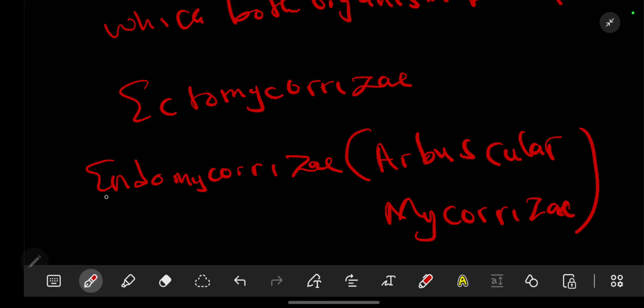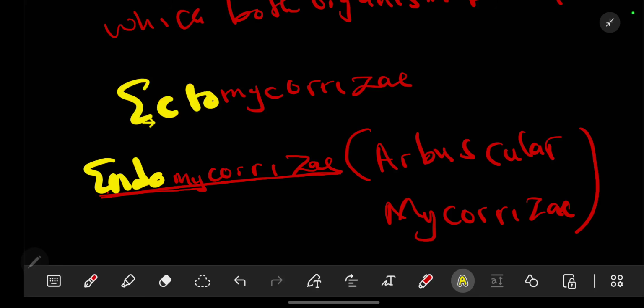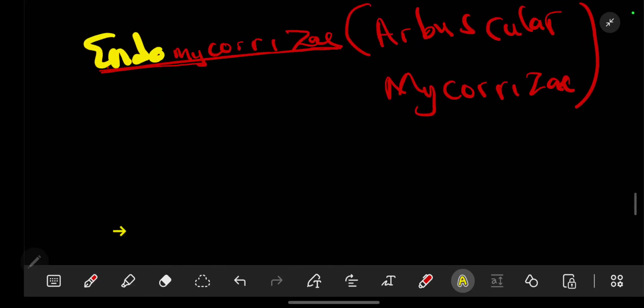So what is the difference? The difference is that in endomycorrhiza, the fungus enters the root cells. Endo means to enter. So they enter the root cells. Then for ectomycorrhiza, the fungus surrounds the root but does not enter. So that's the definition.